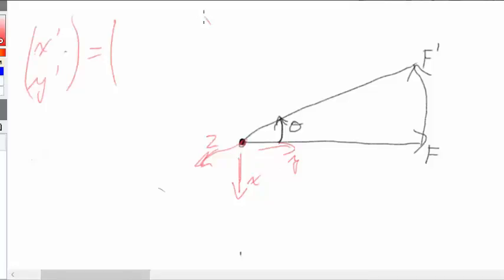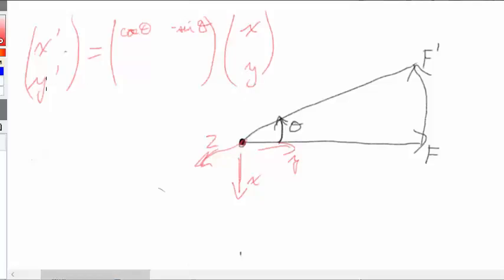Mathematically speaking, the rotation transformation looks something like this. If you rotate counterclockwise by an angle theta in the xy plane, then your new x, called x prime, corresponding to this direction forward prime, will be the cosine of the angle theta times x minus the sine of the angle theta times y.